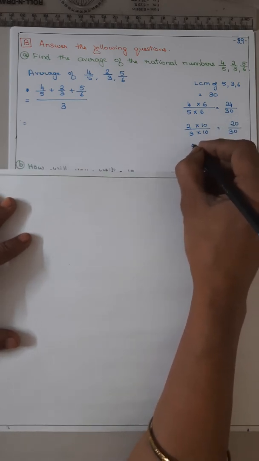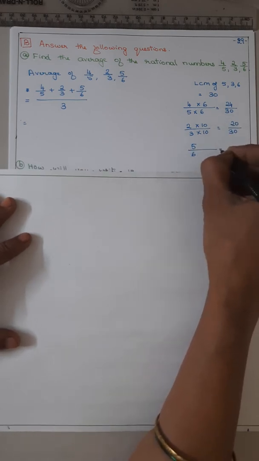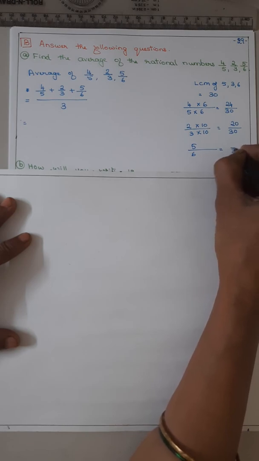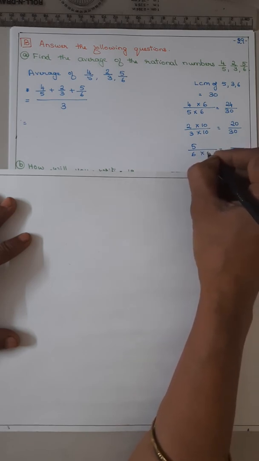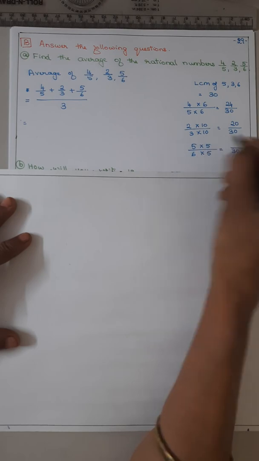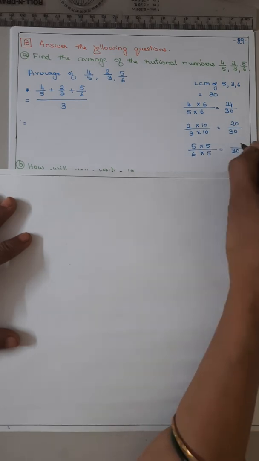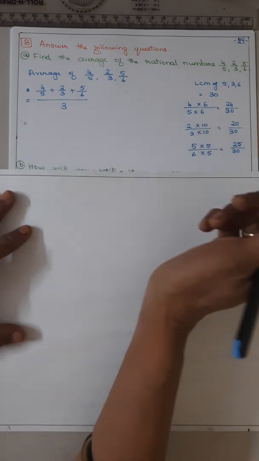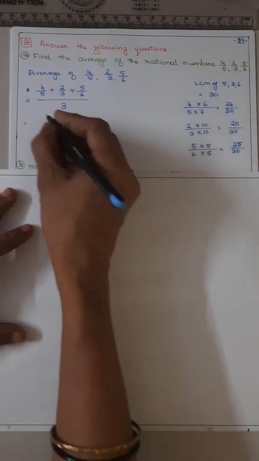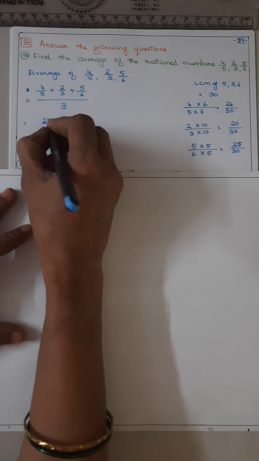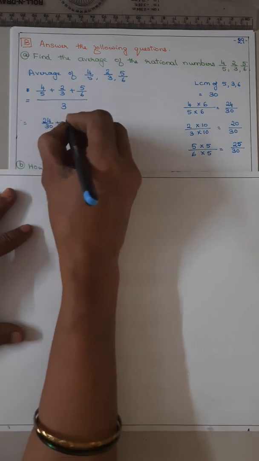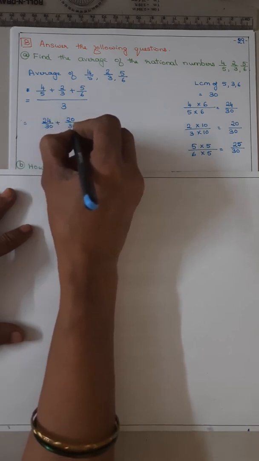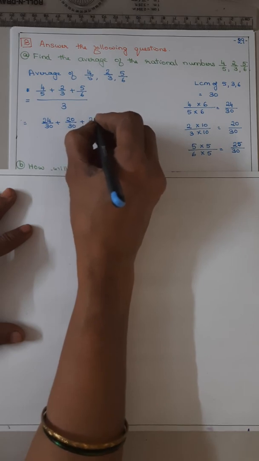We have already discussed all this in the worksheets. Hope you are confident of the topic. 6 5s are 30, 5 5s are 25. Put the values. So it will be 24 by 30 plus 20 by 30 plus 25 by 30.